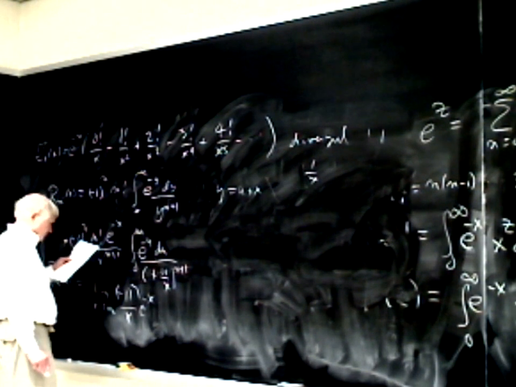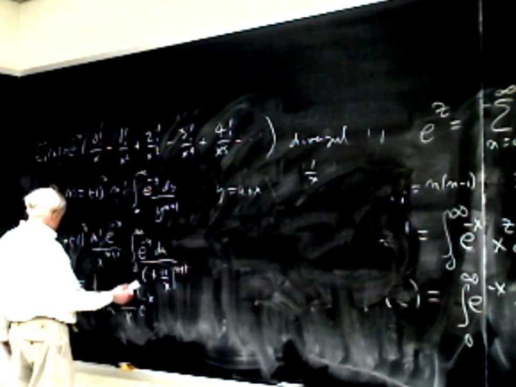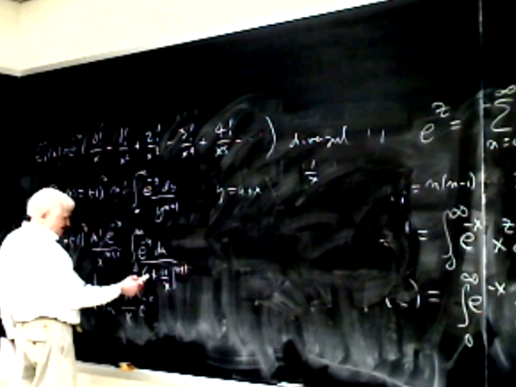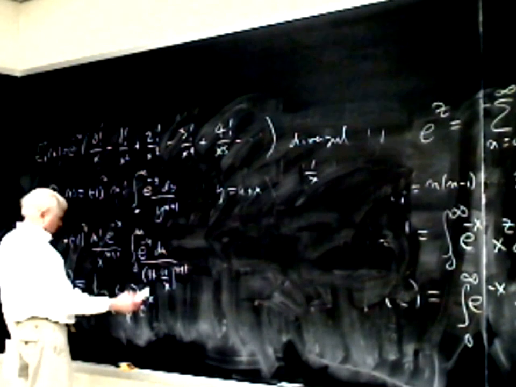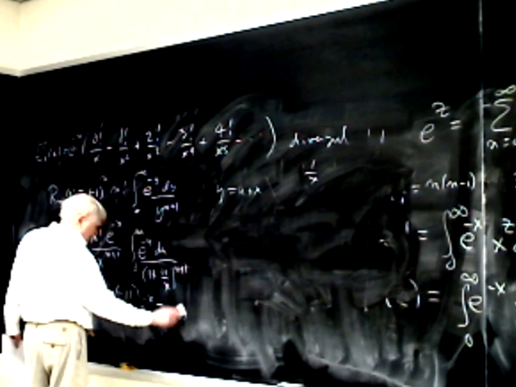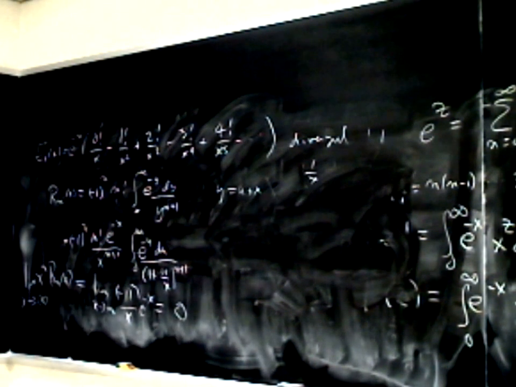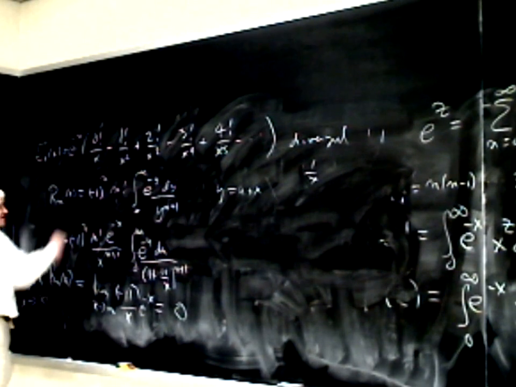And in the limit of x going to infinity, this denominator, 1 plus u over x, just goes to 1. This integral then goes to 1, and this thing goes to 0. So one has then the defining condition for an asymptotic series satisfied, and this auxiliary condition is probably also satisfied because the series in particular diverges.